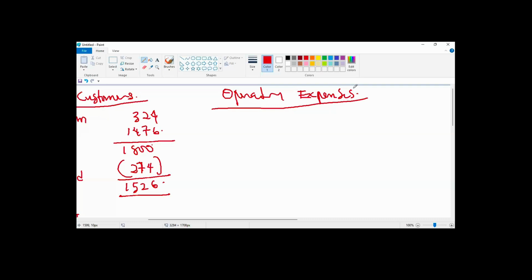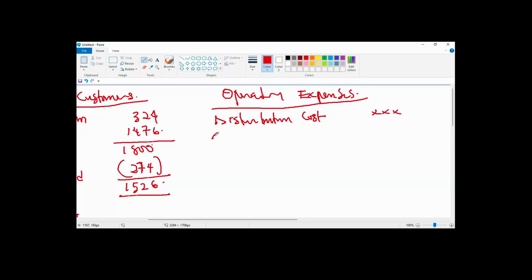Now, if you look at this one, other expenses is what we have. If I have distribution costs, I will pick.